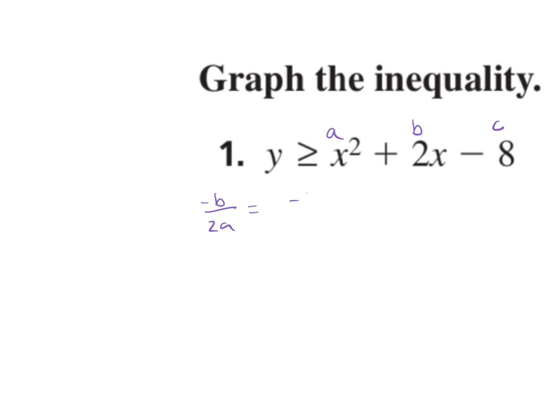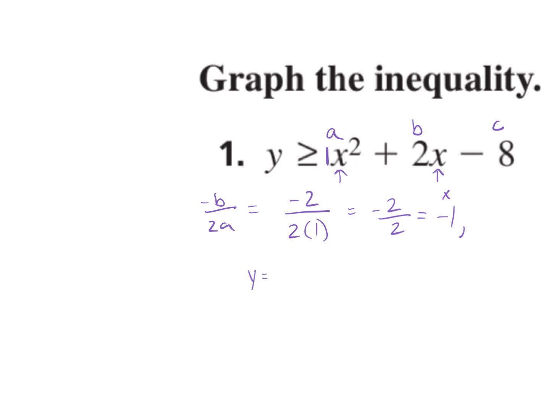So I have negative 2 over 2 times my a would be 1, because there's no number in front of the x squared, so it's implied that it's a 1. So negative 2 over 2, which simplifies to negative 1. So this is my x. I have to plug it into the x's to find y's to get me my point for my vertex. So we plug it into all of the x's.